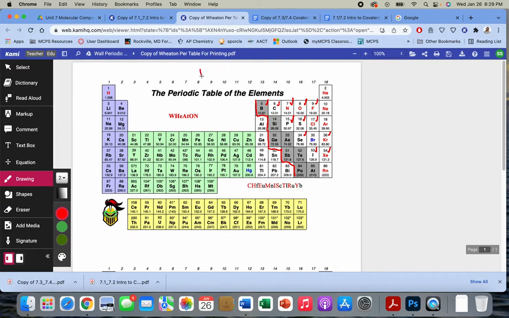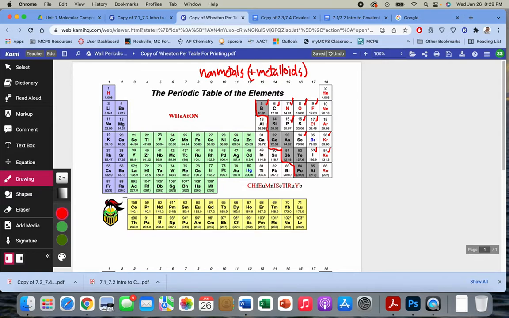So if we look at this, nonmetals, and metalloids. We don't usually make a big deal about that, but metalloids also bond covalently. So nonmetals and metalloids are going to be the elements we're playing with.